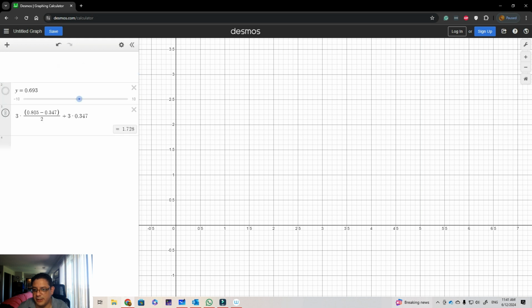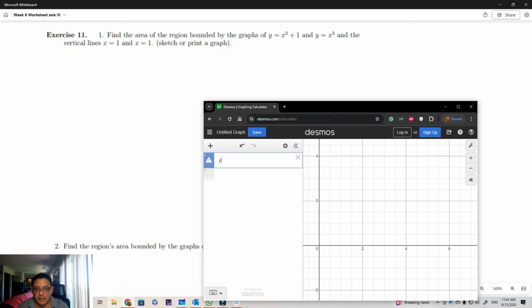So let's take a look at those functions. So I make y, and I'm using Desmos calculator here so I can simplify my calculations. And so let me make this between minus 1 and 1.